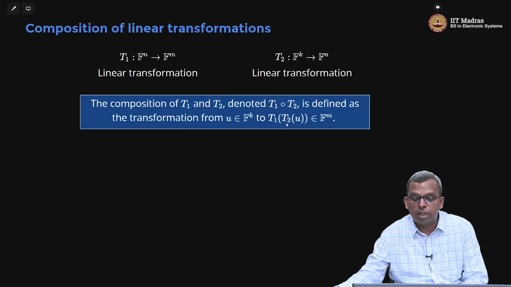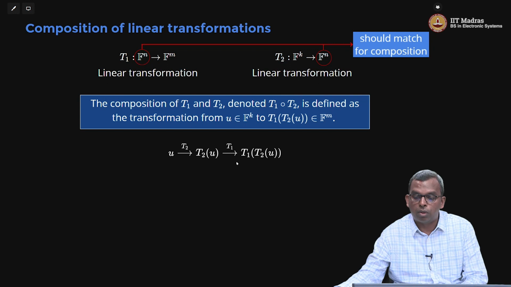Okay. So, notice how this is working. T2 of u would take u from Fk to Fn, and then T1 works on vectors in Fn, right. So, T1 will send that T2 of u to a vector in Fm. So, this overall T1 circ T2, T1 composed with T2, is a transformation from Fk to Fm. Okay. So, this is how it works.